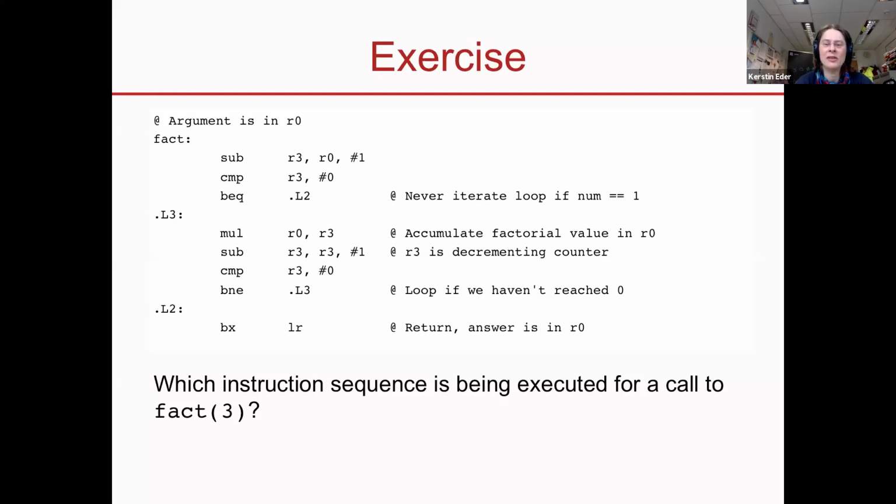So we need the instruction sequence. Give me a sign of life if you're calculating.